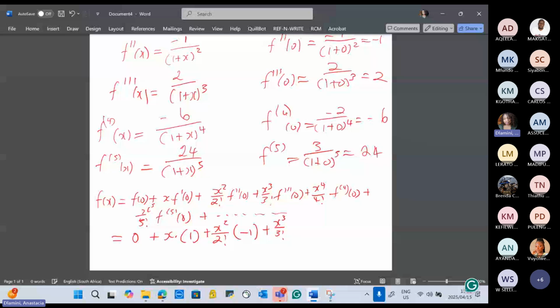F triple prime, we got 2 plus x to the power of 4 over 4 factorial. The fourth derivative, what did we get? We got -6. And then plus x to the power of 5 over 5 factorial. Then we got 24, plus dot dot dot. Are we all together there?